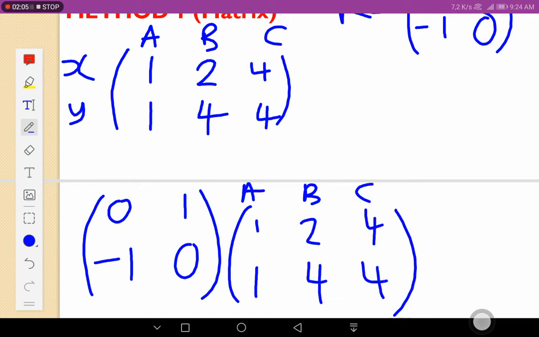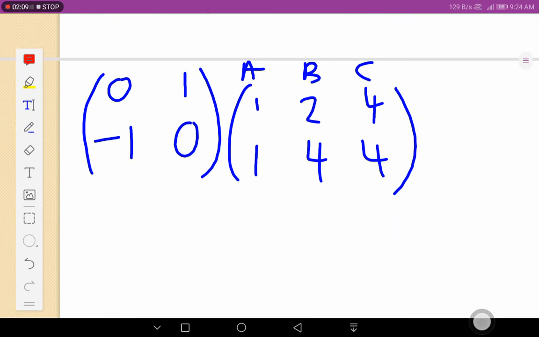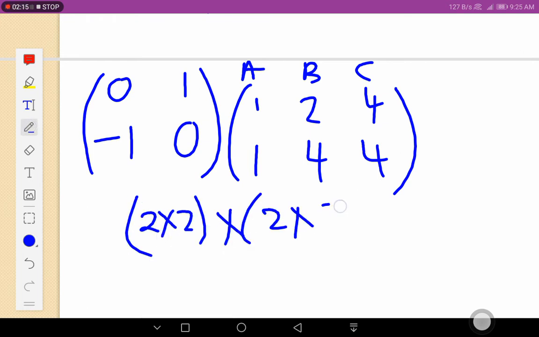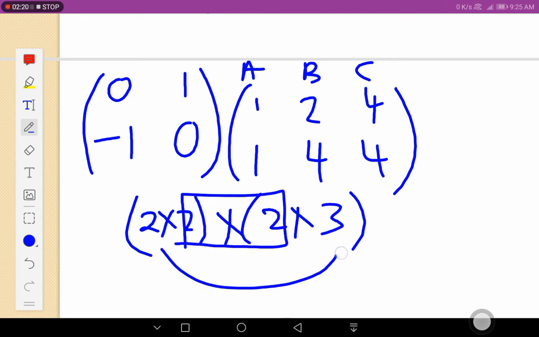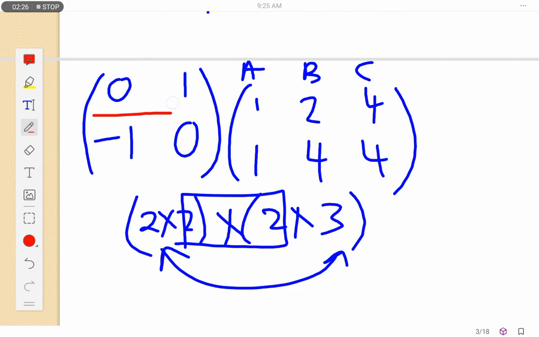Now I check if I can multiply this. This is a 2 by 2 matrix multiplying a 2 by 3 matrix. The center values are the same, so we can multiply and our answer will be a 2 by 3 matrix. Let's do the row by column multiplication.